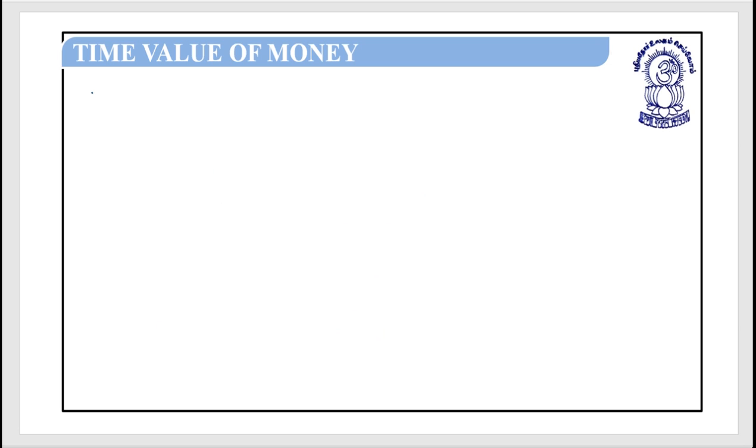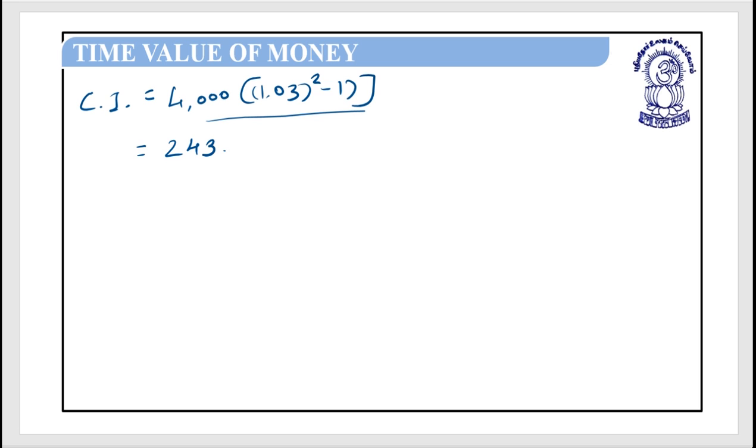So compound interest is equal to 4000 into 1.03 square minus 1 is equal to, after solving this, we will get the answer 243.6.